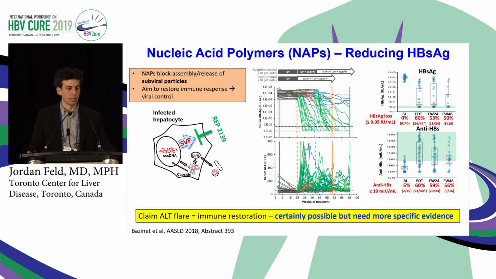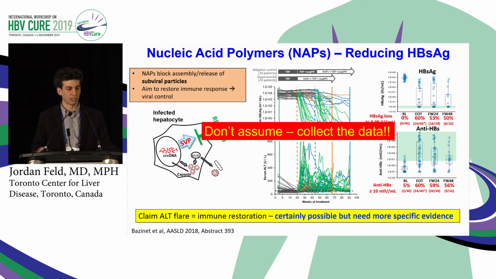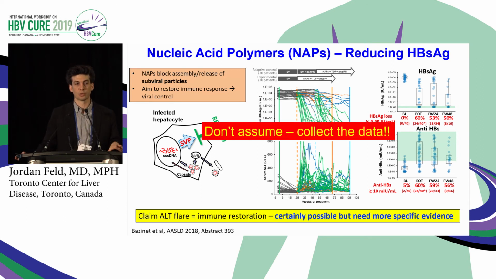The argument that these are reflecting immune reconstitution is really interesting, but I really do think this needs to be proven, and I would make this case for everything, that we shouldn't assume that something that could be happening is happening. We really need to understand more clearly whether these flares are actually immune restoration and whether it's leading to immune clearance. It's certainly a reasonable hypothesis. It's also a very testable hypothesis, so we really need to collect the data here.